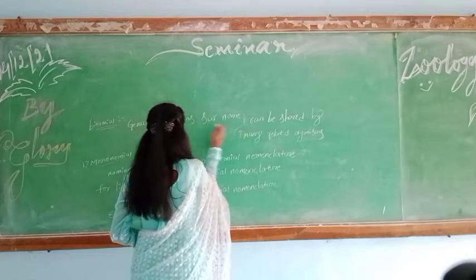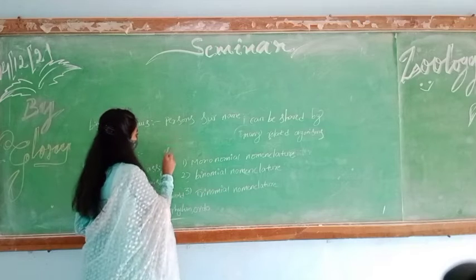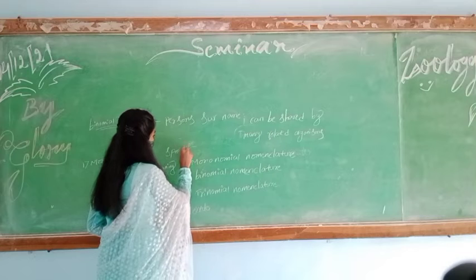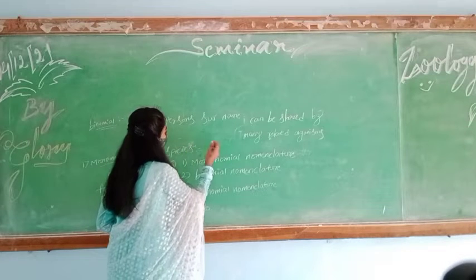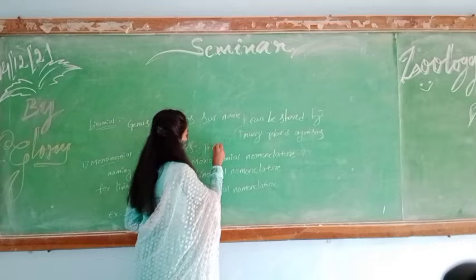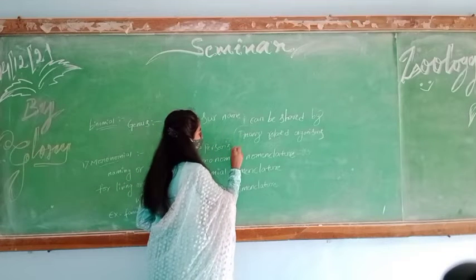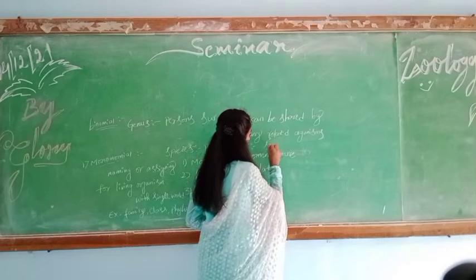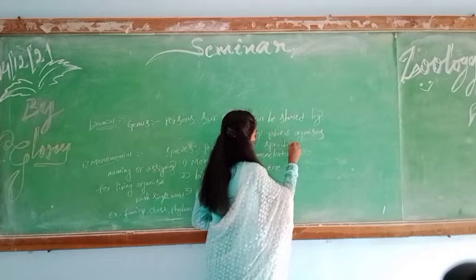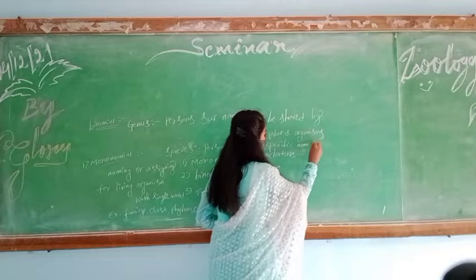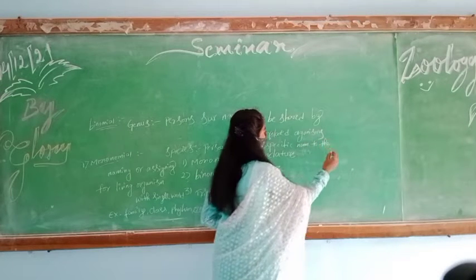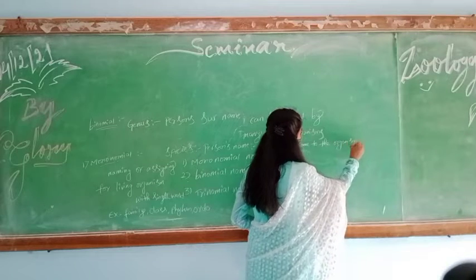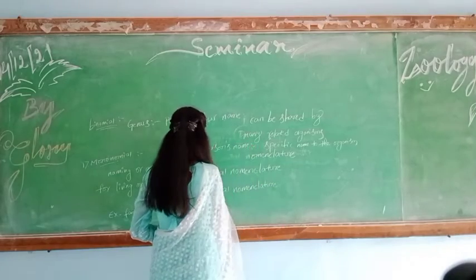And the other one is species. That means the person's name, the specific name to the organism. For example, I will take my name.